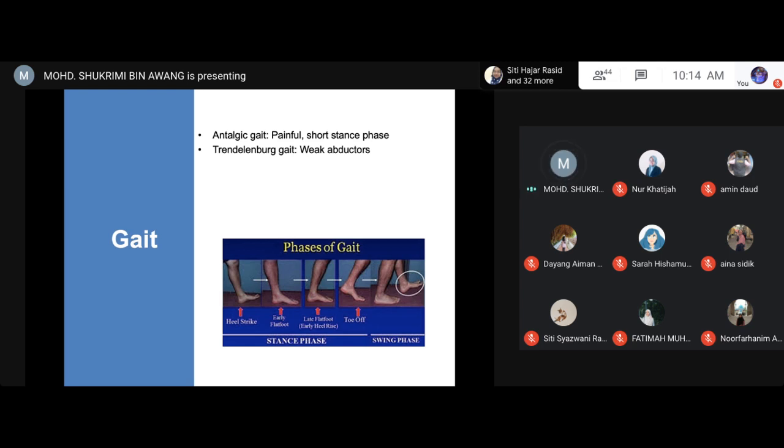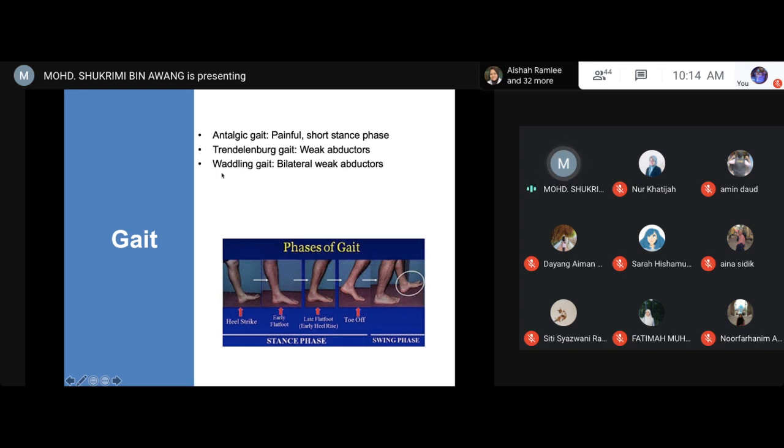Trendelenburg gait, I think you can see in the video on any YouTube. The identity of this Trendelenburg gait is the patient has to swing to one side in order to balance and to avoid falling. And Trendelenburg gait indicates weak hip abductor muscle. Or patient may walk with bilateral weakness of the abductors.